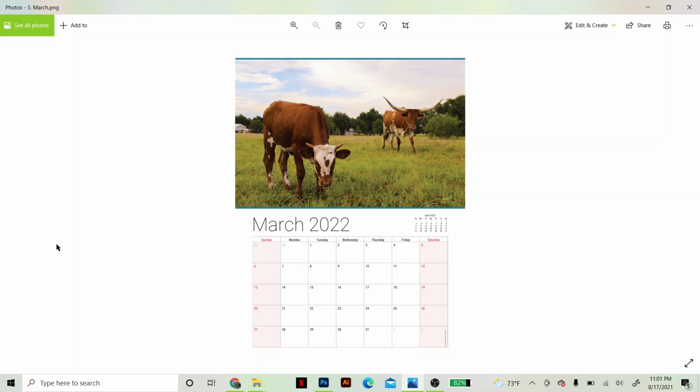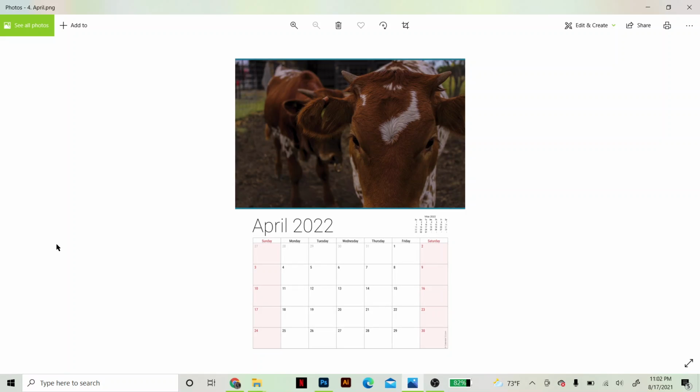For my third, it was ISO 100, aperture 5.0, and shutter speed 1 out of 125. For this fourth one, it was ISO 100, aperture 4.5, shutter speed 1 out of 250.